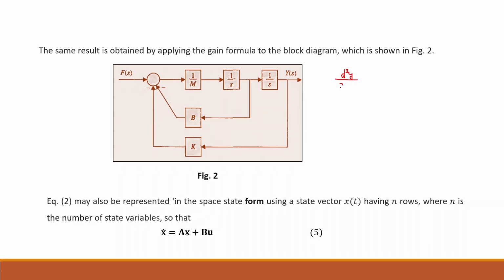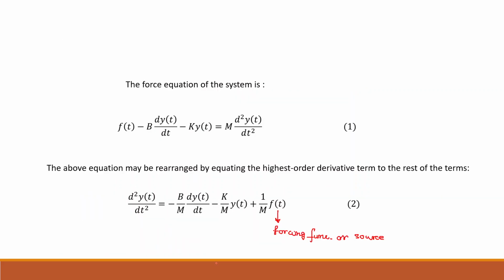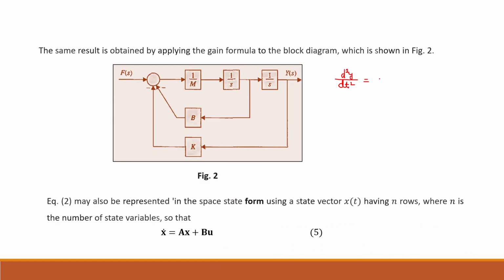We have d2y by dt2 equal to minus b by m dy by dt minus k by m y plus 1 by m ft.